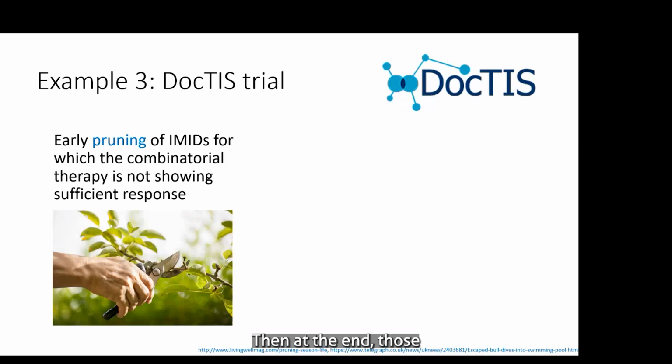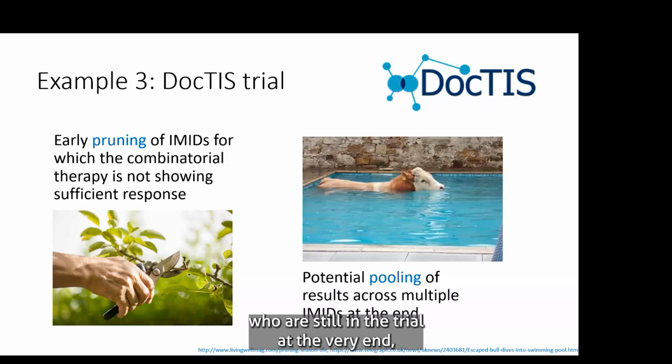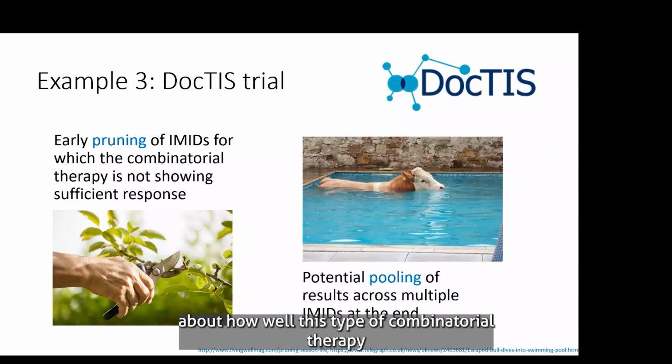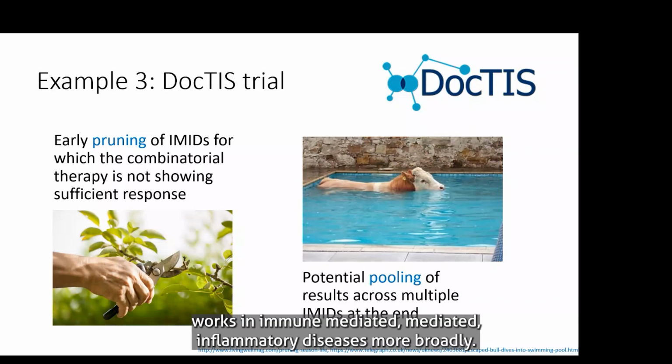And then at the end, for those still in the trial, we will draw conclusions about each condition individually, but we can also use clever statistical ways of pooling them so as to make an overall assessment about how well this type of combinatorial therapy works in immune-mediated inflammatory diseases more broadly.